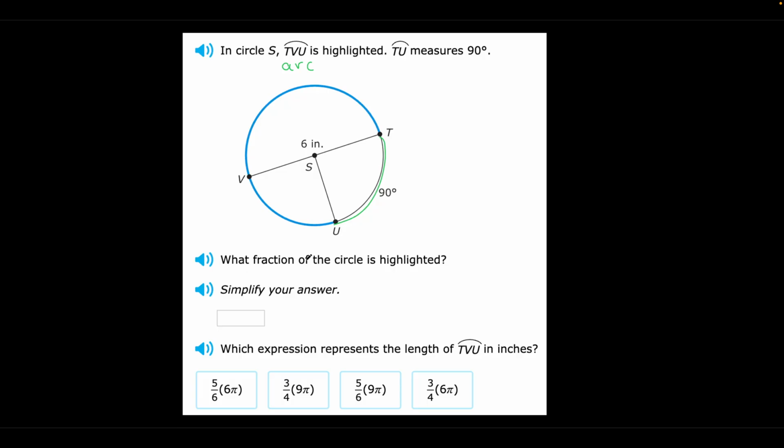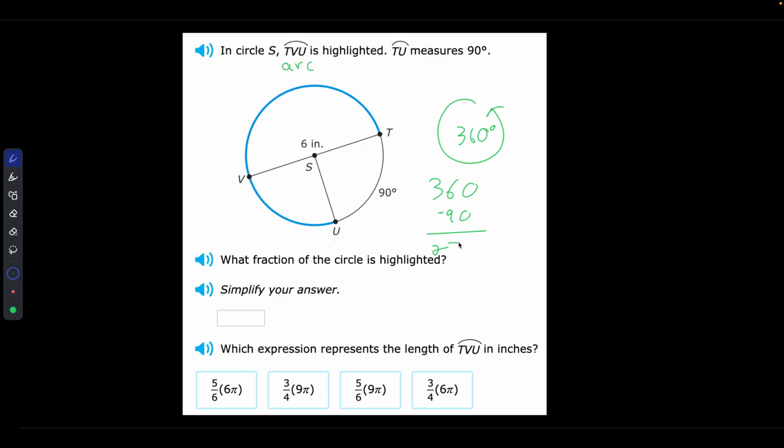Remember that a full circle all the way around would be 360 degrees, and we want to know how much is the blue. So we take away 90 from 360, and 360 minus 90 gives us 270.